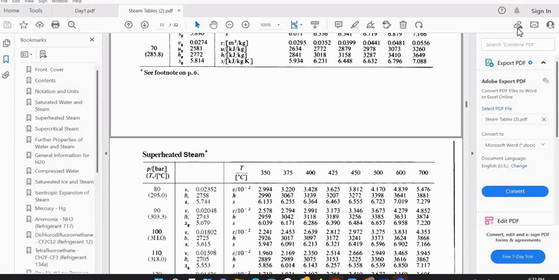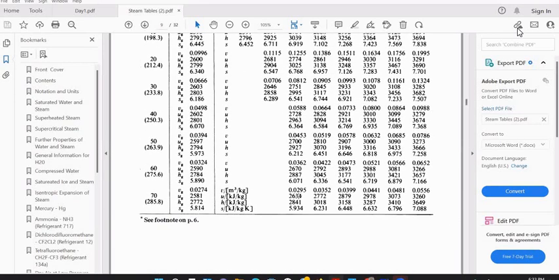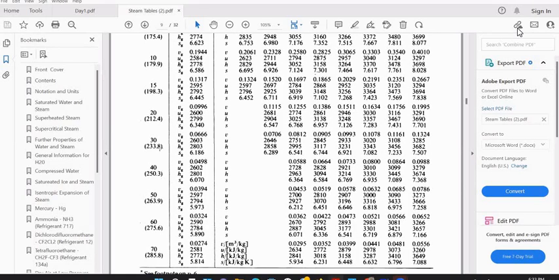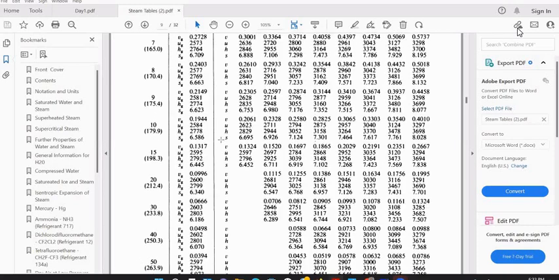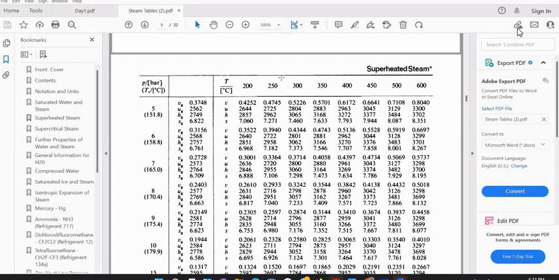Second one. It comes over here. Now you can see pressure is 20 bar. This column is 20 bar. And then over here, you can see temperature. Now this is pressure, here temperature 200, 250, 300, 350, 400.